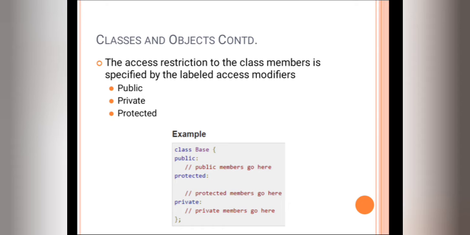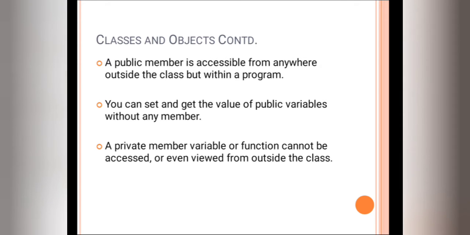So members means attributes and functions of the class. That can be public, protected or private. Whatever we discuss for the attribute is the same for the operation or method also. So attributes and methods can be public, private, or protected. We will see them one by one.